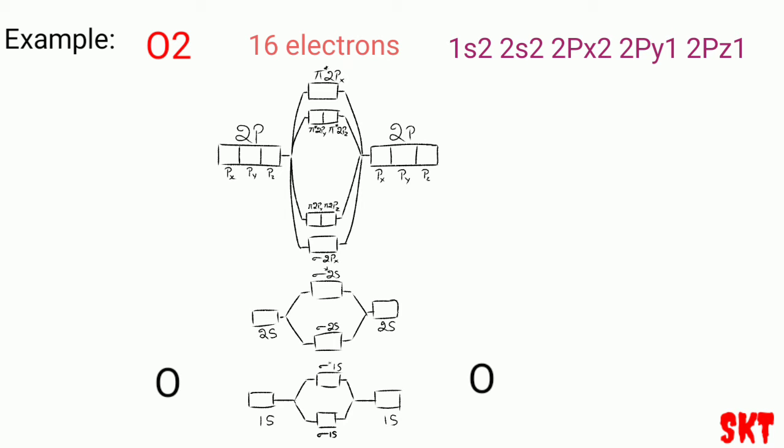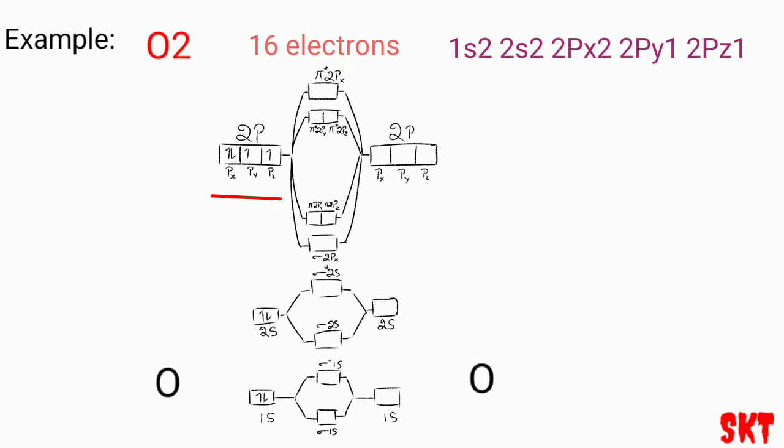In 1s you can add 2 electrons, in 2s you can add 2 electrons, total 4, and the remaining is 4. So you have to add these 4 electrons in the 2p orbital: 2px1, 2py1, 2pz1, and the remaining one goes to 2px, and the same happens on both sides of the atomic orbitals.